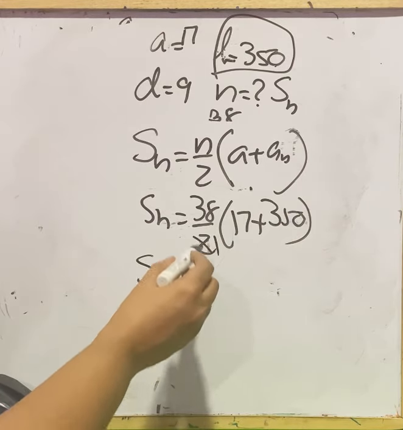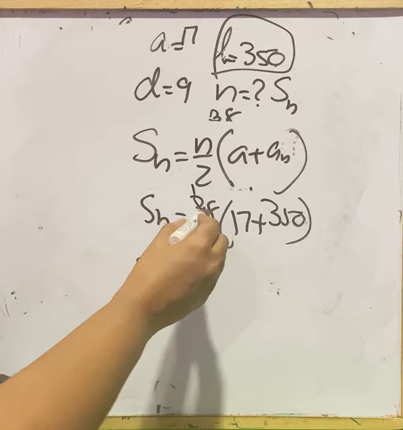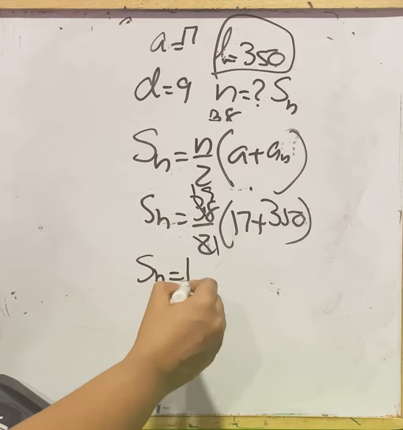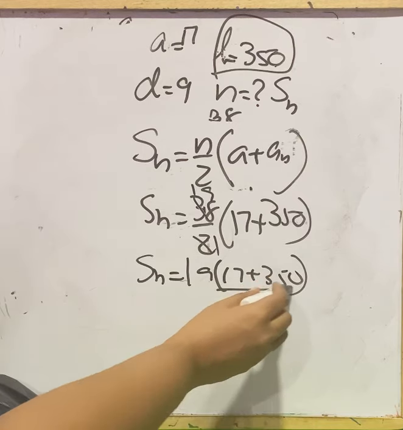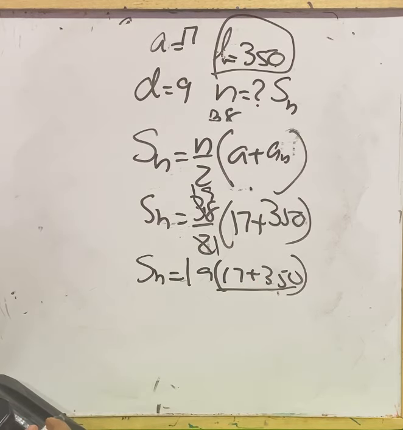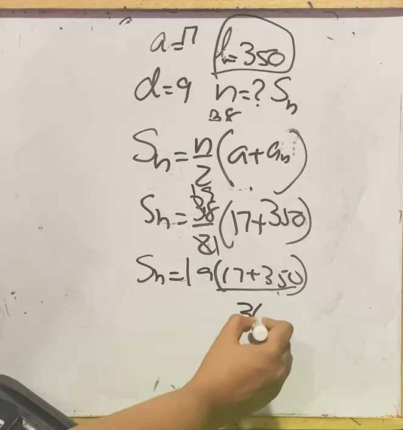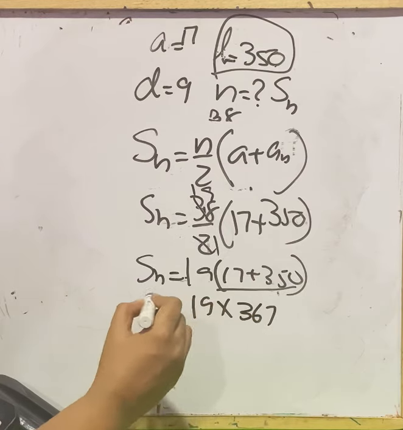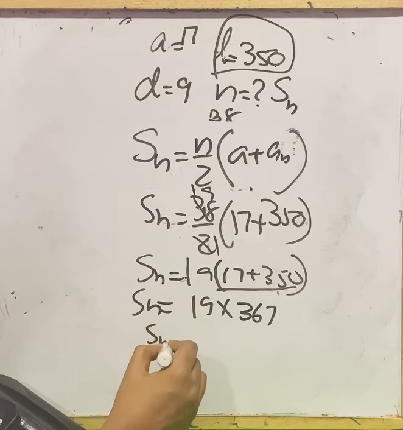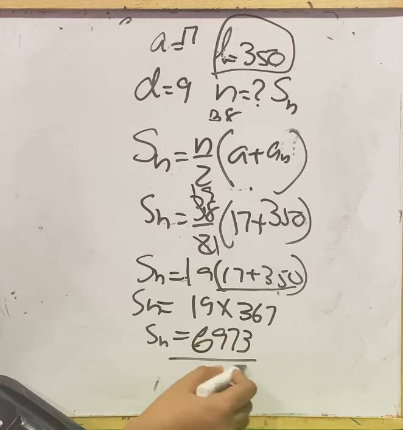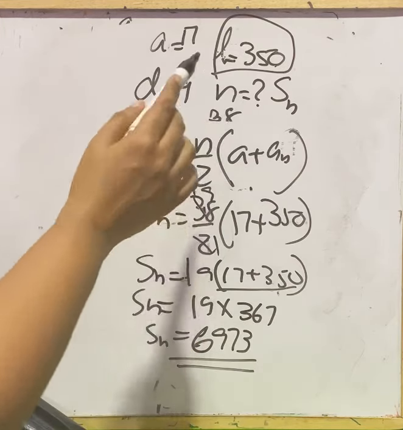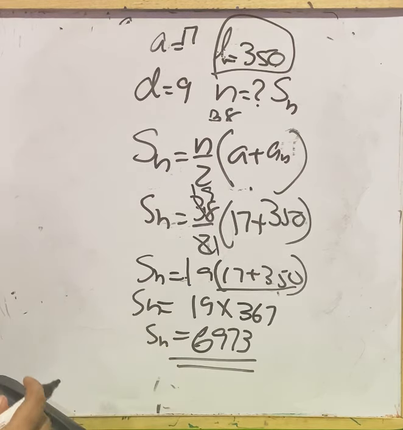Here 1 2s are 2, here 1 2s are 2, balance 1, 9 2s are 18, 19 into 17 plus 350. You will add first 17 plus 350. You will get 367 into 19, that is the sum, and finding the product you will get 6973. This is the sum. So you got n is 38 and sum is 6973.